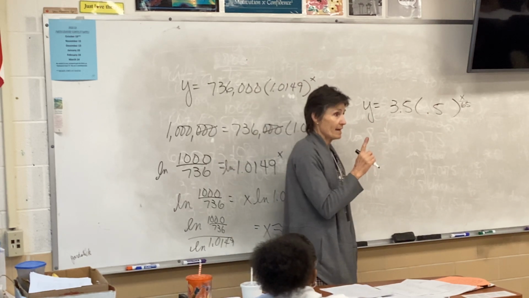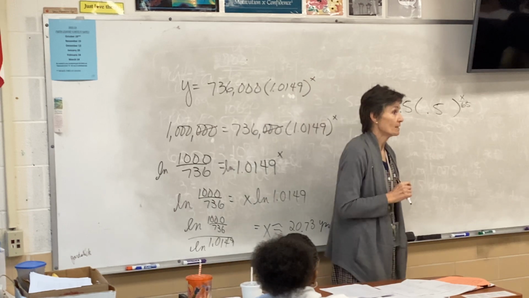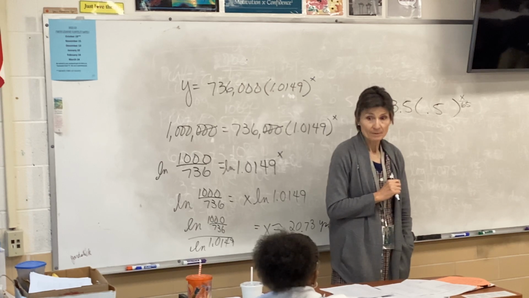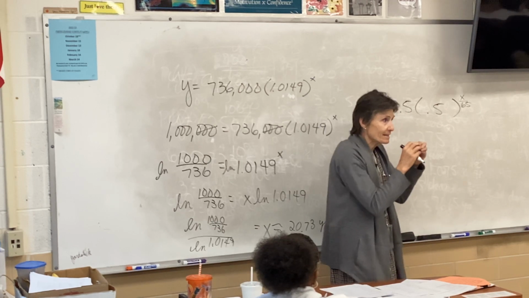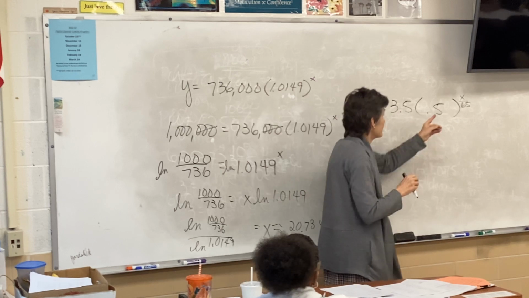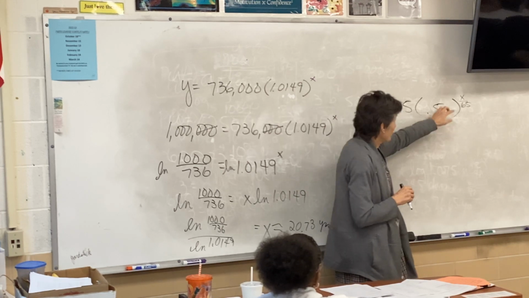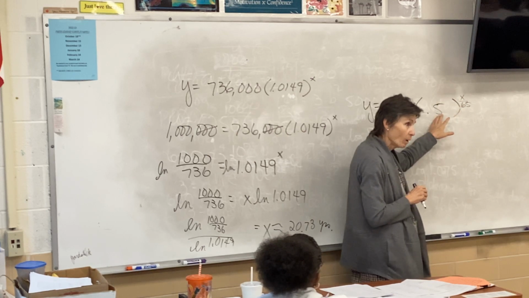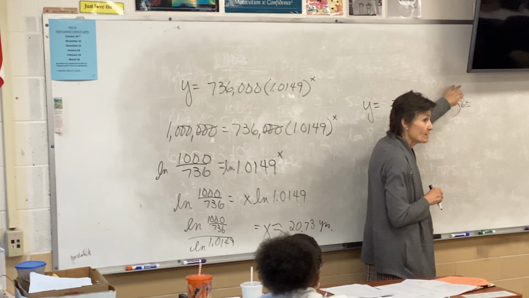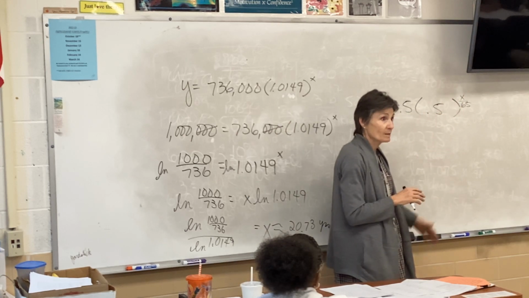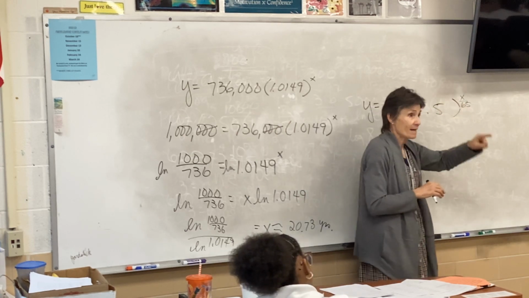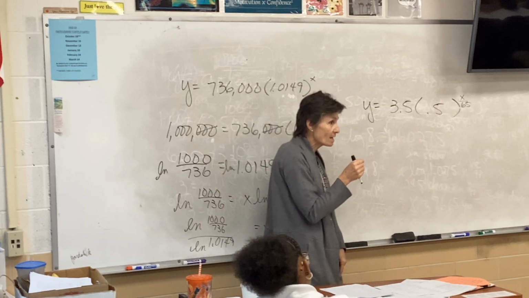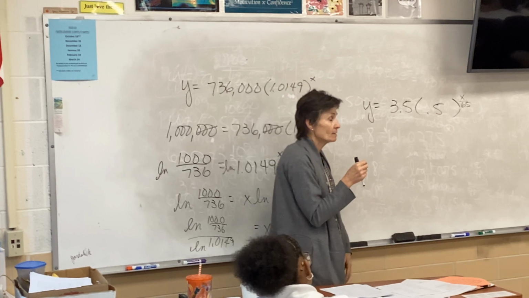Isn't every day 1/65 of a half-life period? Wouldn't it take 65 days to end up with half? So look, if you put 65 over 65, then it's 1, and that's what you want, right? 130 would be 2, and so on. So every day is 1/65 of your halving period.